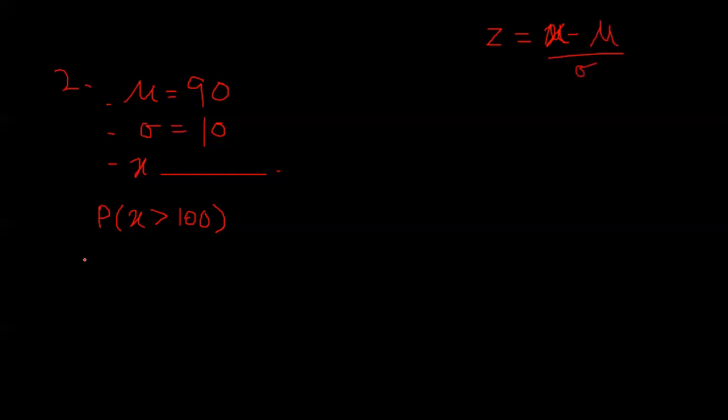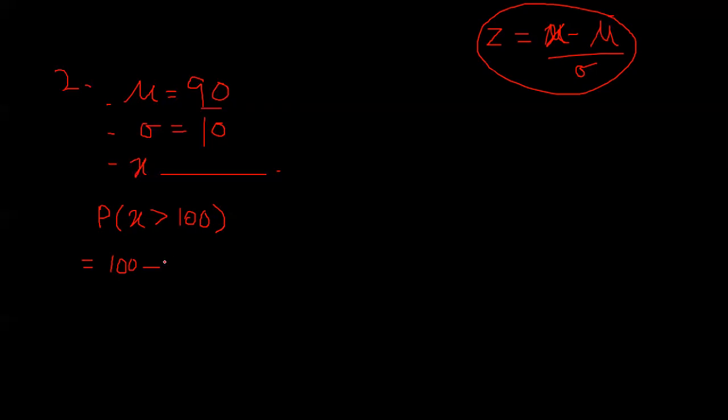So when you convert into the formula, X is 100 minus mu. The mu here is 90.